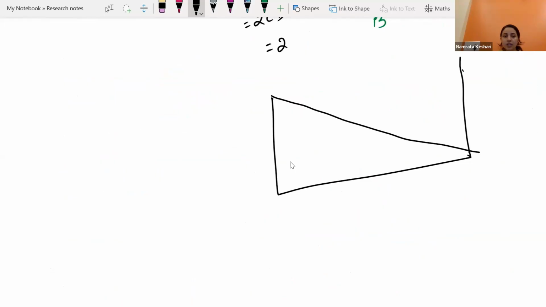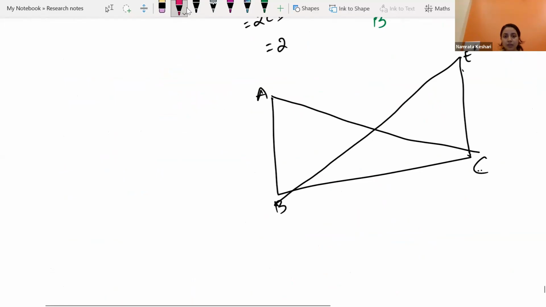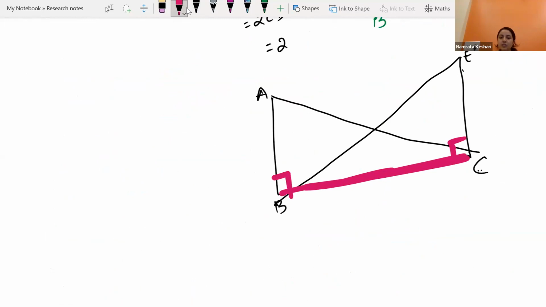If we take triangle ABC and triangle CEB, and prove these two congruent: here 90 degree, there 90 degree, a common side is present in both the triangles, and this AB and that CE are equal in length.